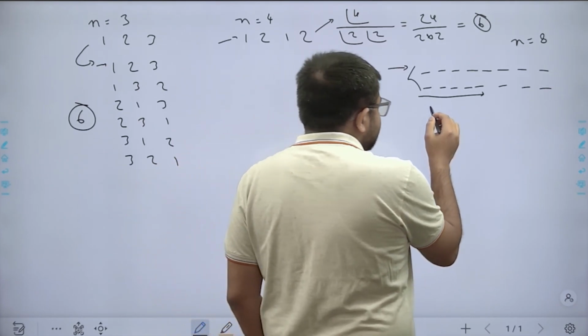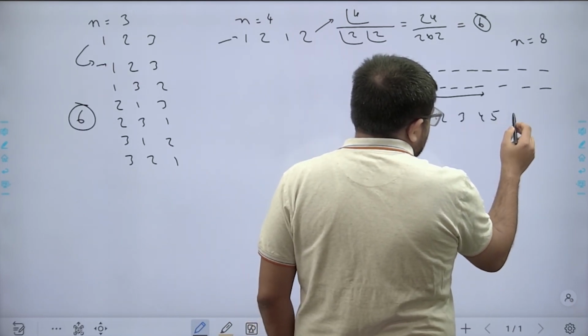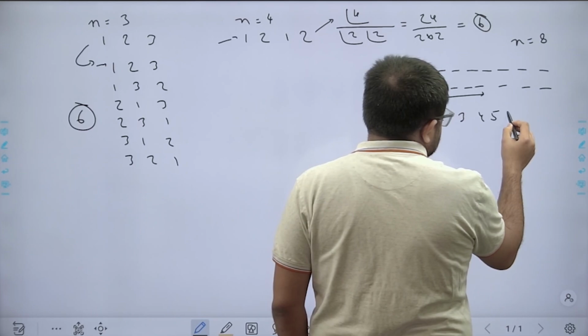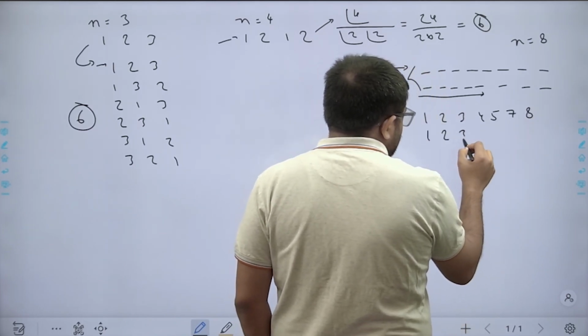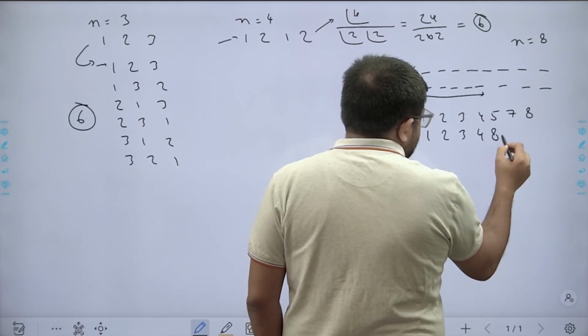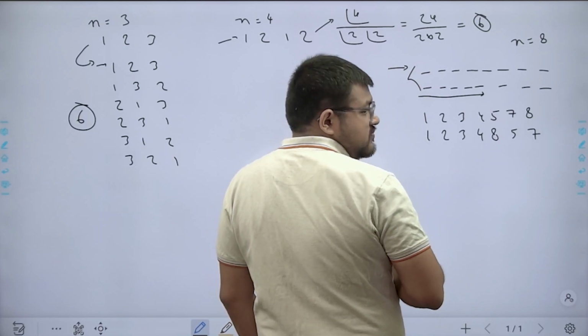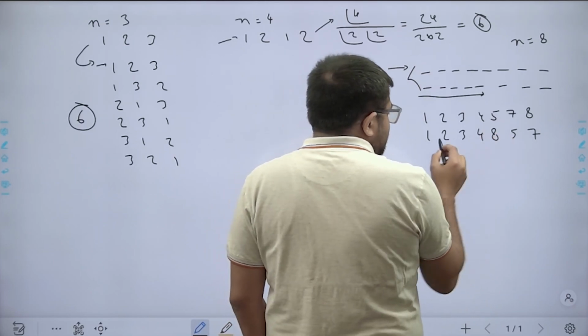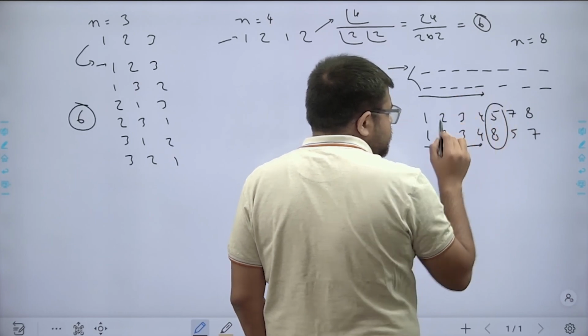For example, if I have 1 2 3 4 5 and let's say 7 and 8, and I have 1 2 3 4 8 5 and 7. Both of these are permutations of length 7, but if I move from left to right, all these are the same. This is the first difference.